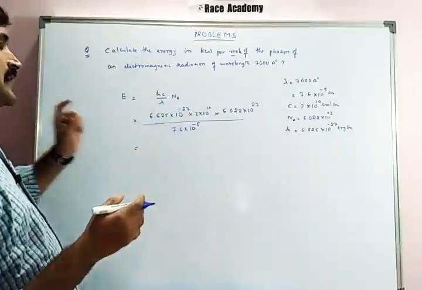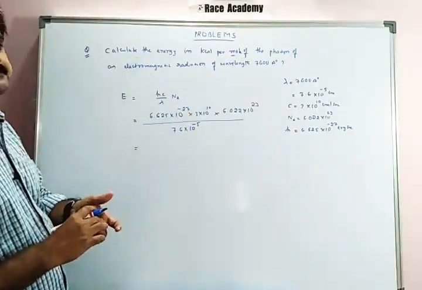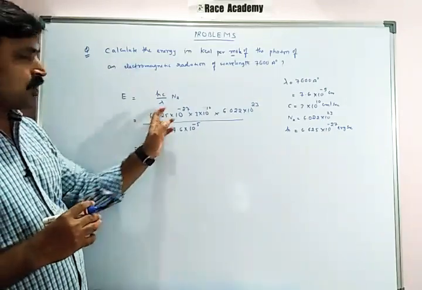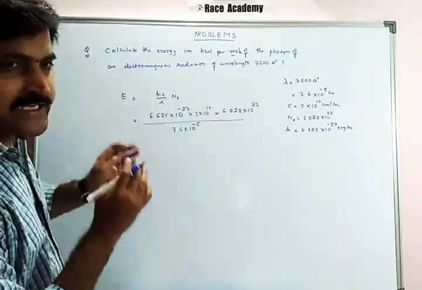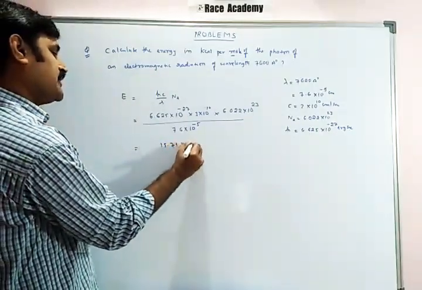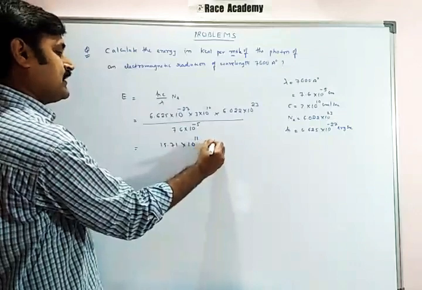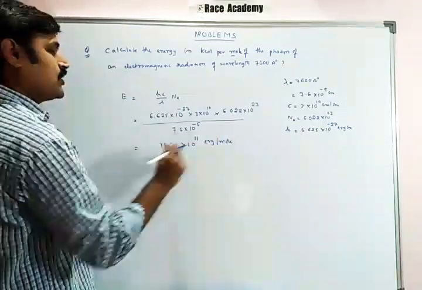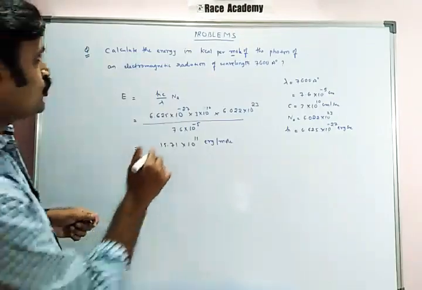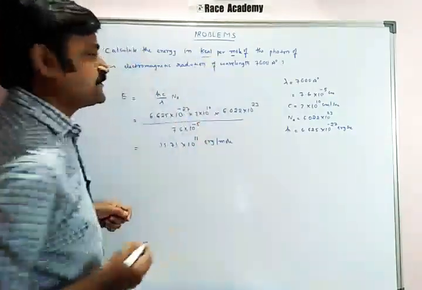The final answer we will get in erg per mole. After all this simplification, I got the answer 15.71 × 10^11 erg per mole. Here the answer needs to be converted into kilocalories per mole.